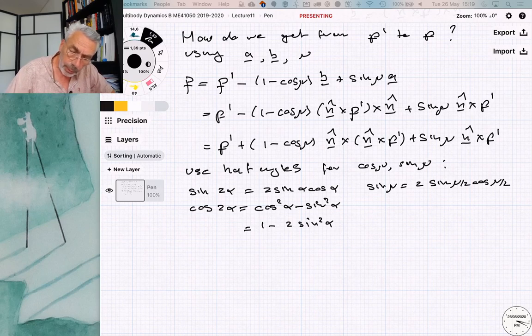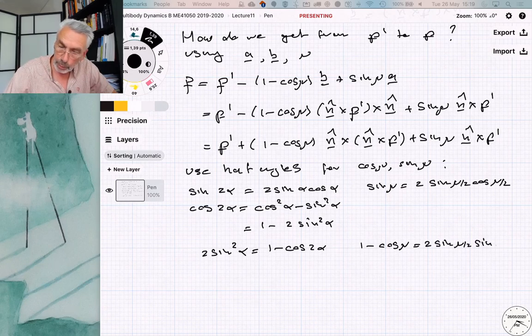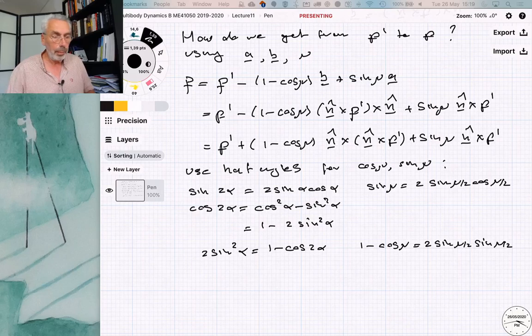So finally we can write that 2 times sine squared alpha is 1 minus cosine 2 alpha. So what we're going to use is, of course, 1 minus cosine mu is 2 times sine mu over 2 sine mu over 2. So those two things we're now going to substitute in here.